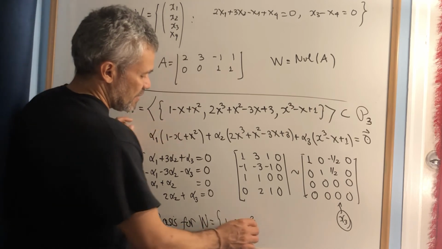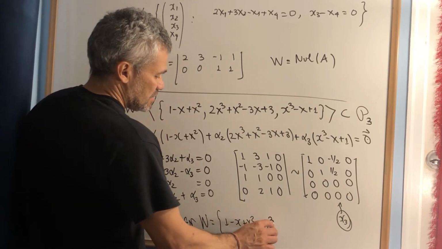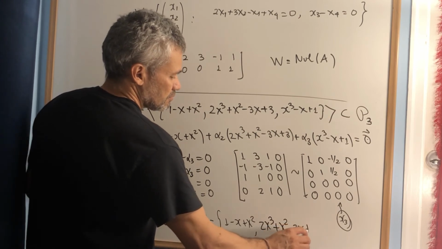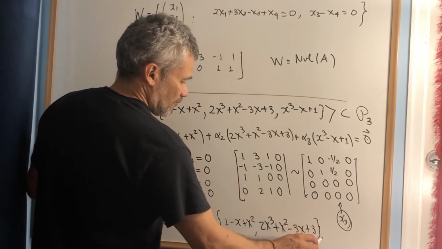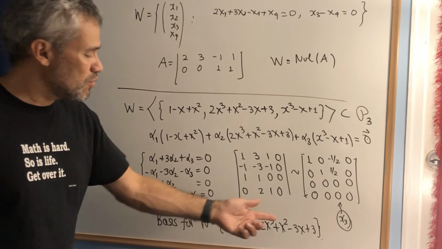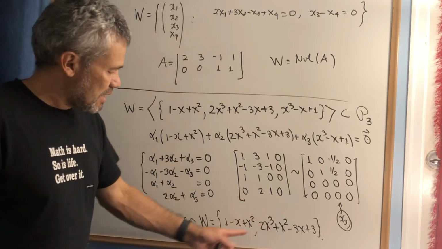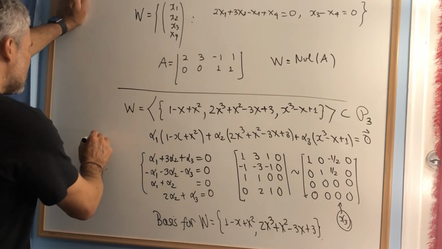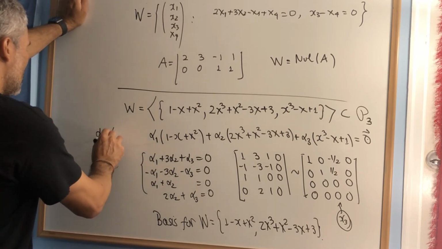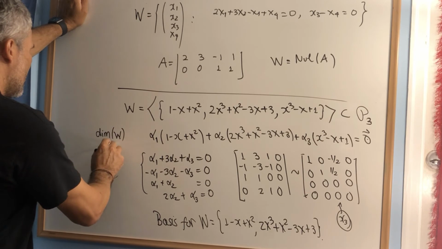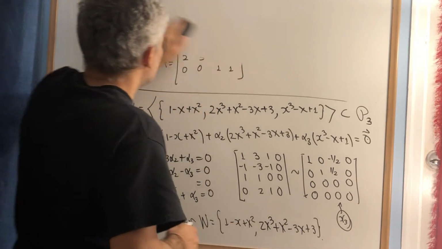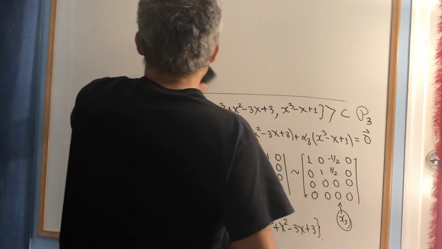Then here we have this and this. These two elements form a basis for W, and that means that the dimension of W is 2.